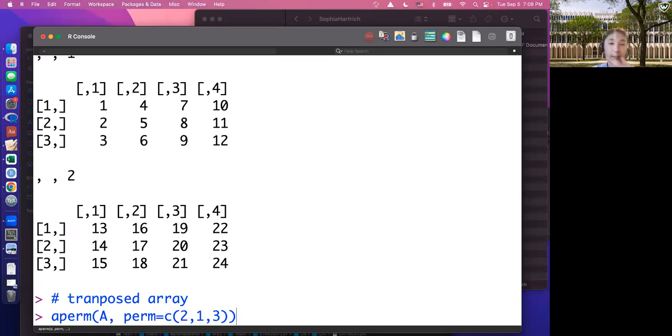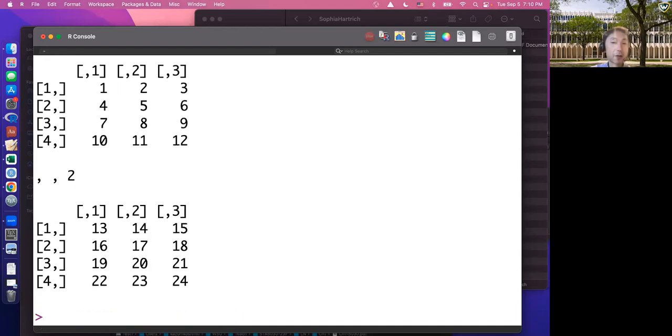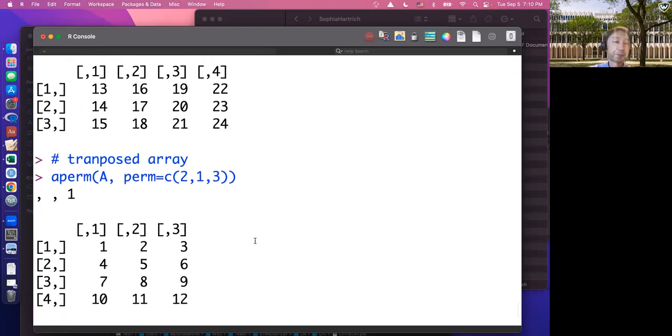We interchange the second and first, so that we interchange the rows and the columns. So this aperm of A is this. To be exact, the second index of the original object becomes the first index, the first index of the original object becomes the second index, and so on.